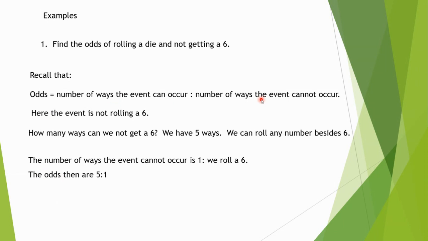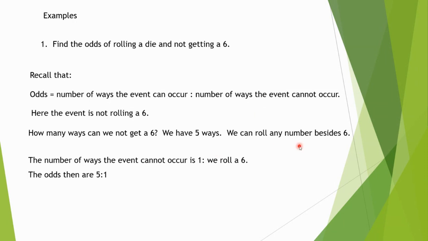Now here though, the event is not rolling a 6. So how many ways can we not roll a 6? Well, remember on a standard 6-sided die, there are 6 numbers, so we can roll any of the 5 remaining ones. 1, 2, 3, 4, 5.